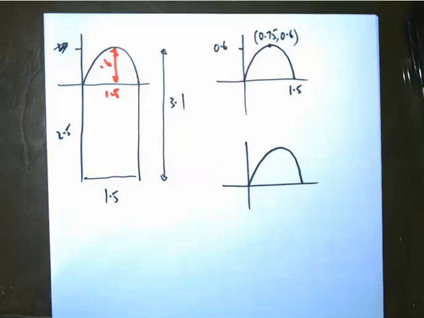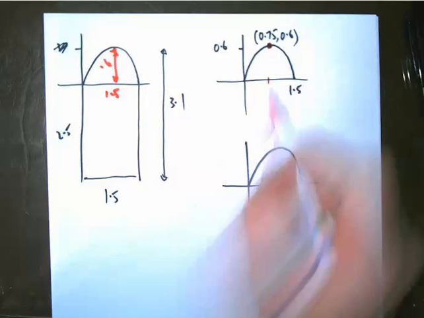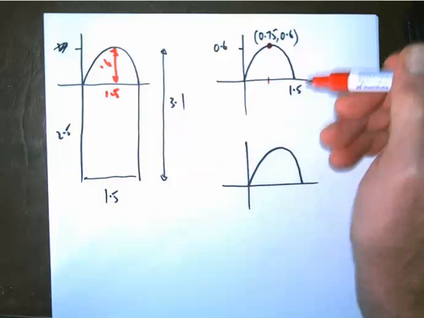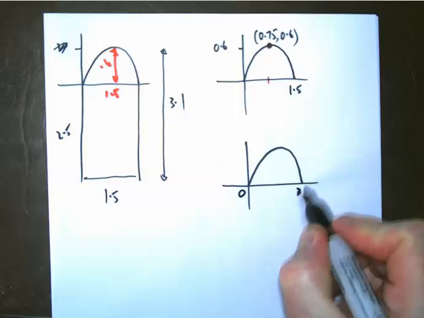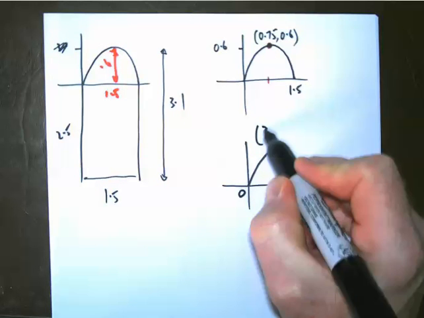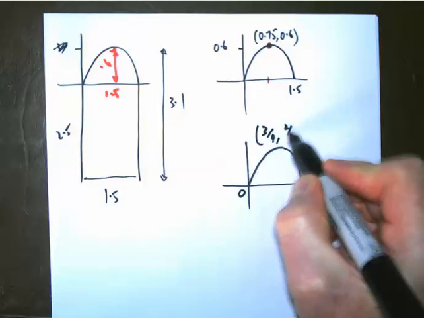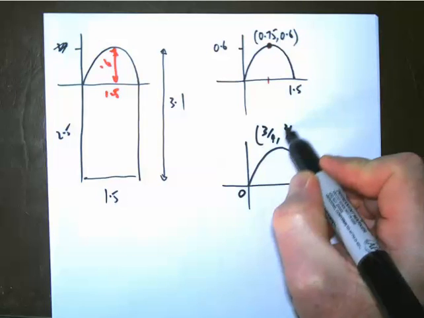I know because of the parabola that it's symmetrical, so this is going to be 0.75, a half of the 1.5, and that height will be 0.6. And when working by hand, it's much easier to deal in fractions. So that's 0, that's 3 on 2, that's 3/4, and that's 2/5. 3/5.